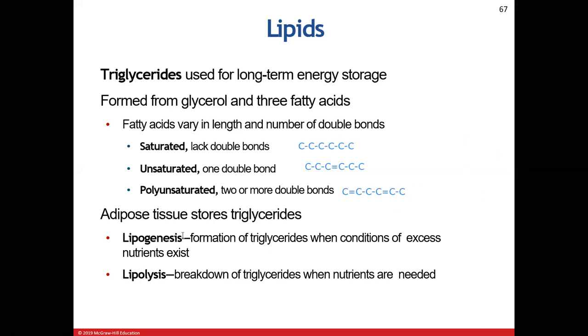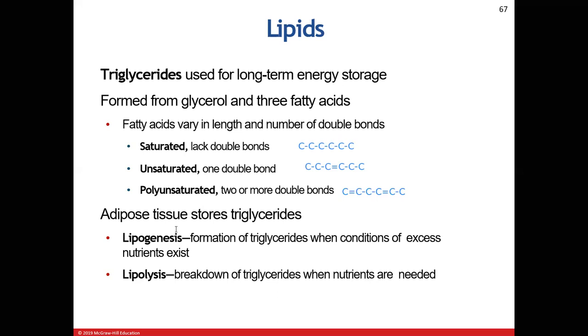Now, adipose is one type of tissue, and it stores triglycerides. There are 2 processes that we look at with adipose tissue. We have lipogenesis, which is the formation of triglycerides when conditions of excess nutrients exist. So as we have too much of certain substances, we can form adipose tissue, or fat tissue.